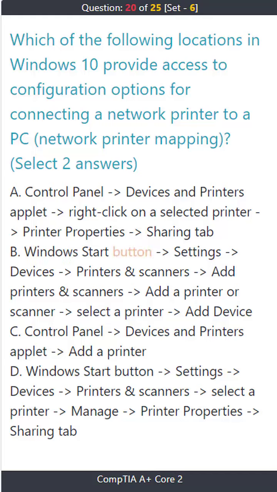B. Windows Start button - Settings - Devices - Printers and scanners - Add printers and scanners - Add a printer or scanner - select a printer - Add device. C. Control Panel - Devices and Printers applet - Add a printer. D. Windows Start button - Settings - Devices - Printers and scanners - select a printer - Manage - Printer properties - Sharing tab.